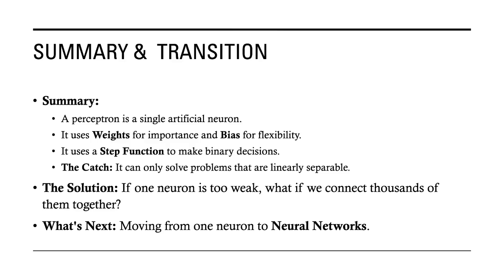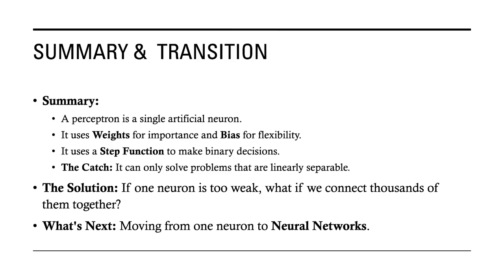So how do we solve this? We solve this through something called a neural network, where if more than one neuron is present, it can even adapt to non-linear data points.